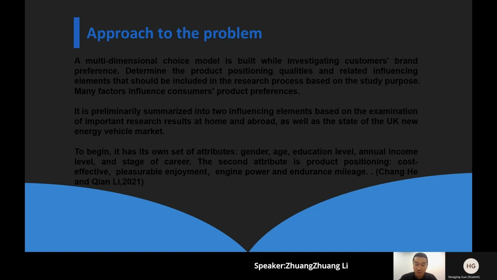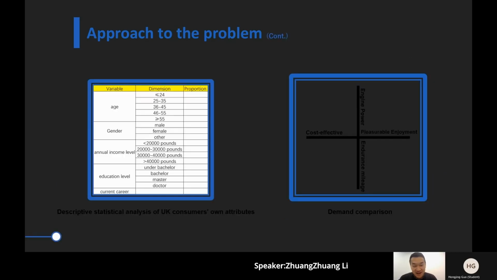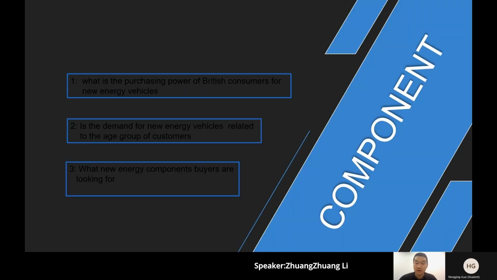One is the evoked set of attributes, and the other is product positioning. As we can see, this form is used to collect the evoked set of attributes, and this form is used to recognize product positioning.